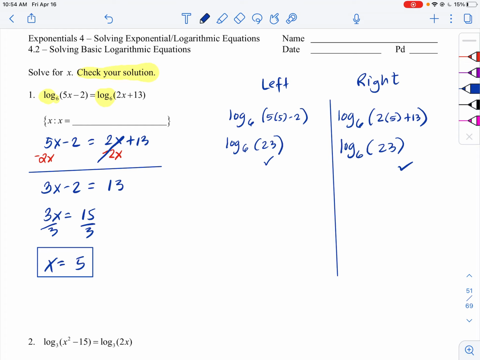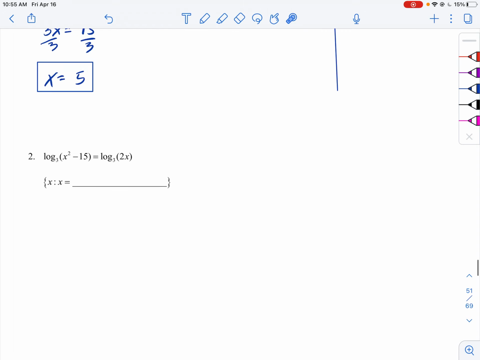Since my left side and my right side are equal to each other, and there is no negative value inside the parentheses, our final answer is x is equal to 5. Now, Miss, what if this was a negative number? If it was a negative number, I would have said no real solution. Okay, moving on.